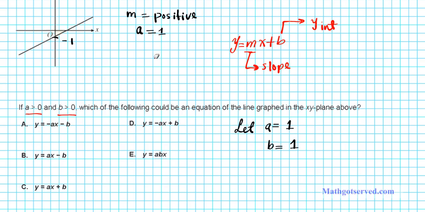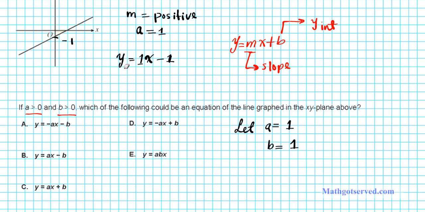If we wanted to create the equation of our line, which equations here meet those expectations? So we have a positive slope, y equals 1x, and a negative y-intercept. So we have to put negative 1.